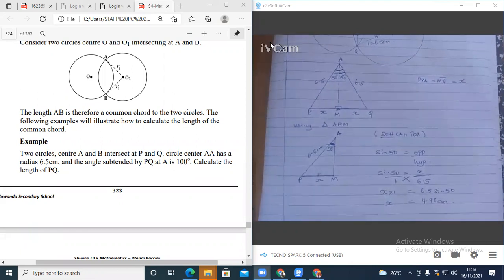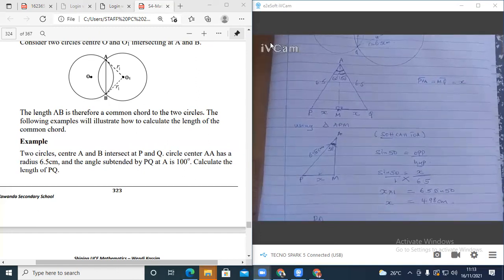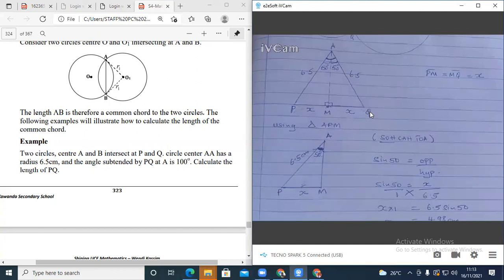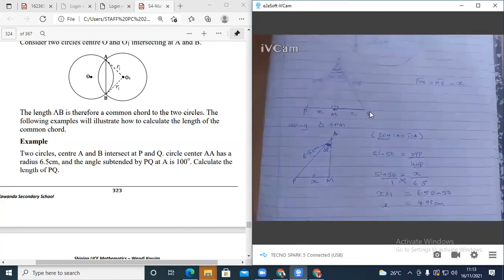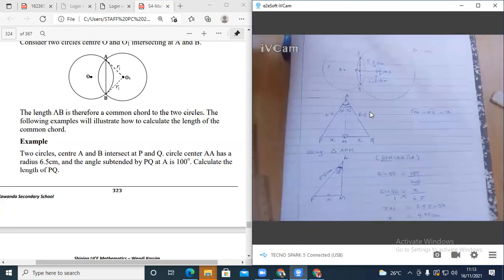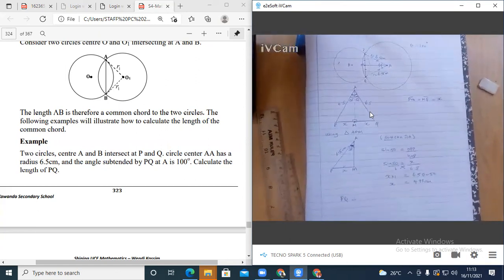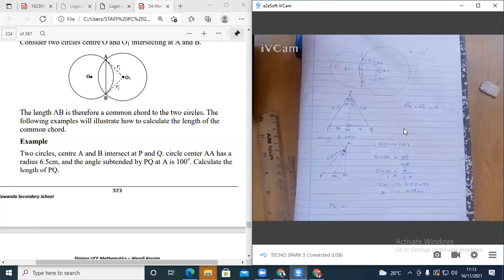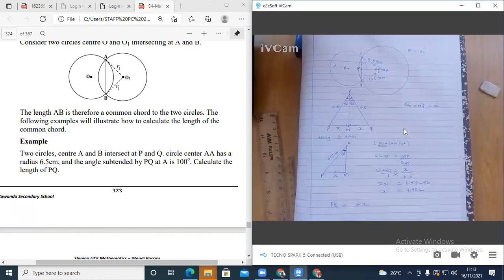Okay, so now the other thing that you see is that PQ is twice X. PQ is twice what? Twice X, isn't it? Yes, teacher.